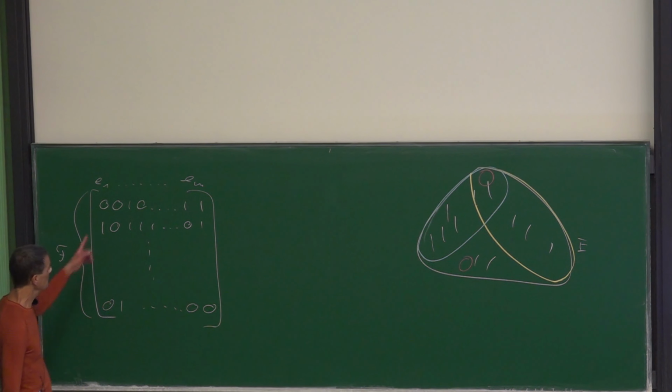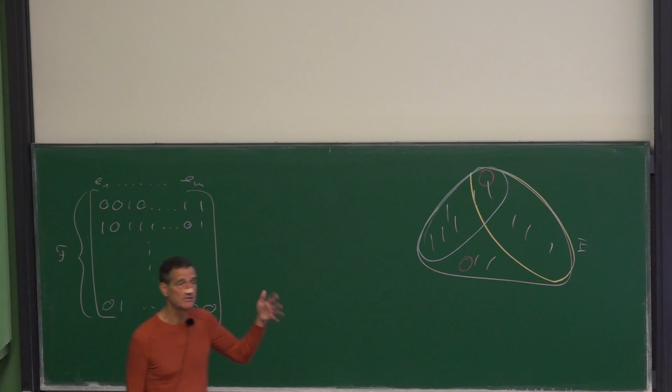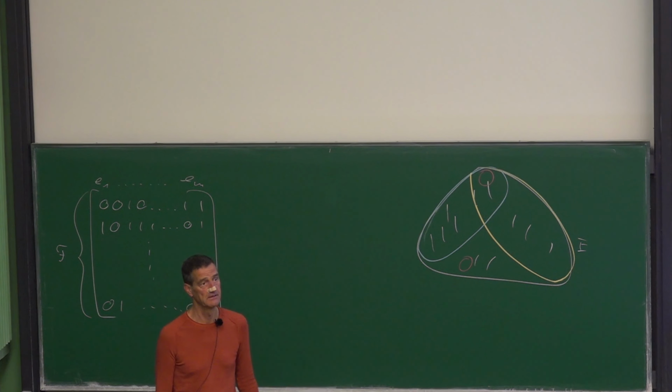Now, what's the dimension of this matrix, the rank of this matrix? Well, we know the row rank, and that is precisely the dimension of F, because we wrote the elements of F as the rows. Now, you proved in linear algebra that the row rank equals the column rank. That was a non-trivial thing.